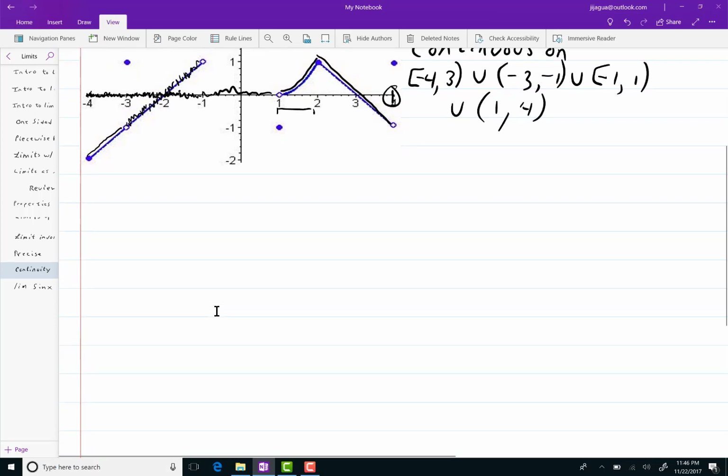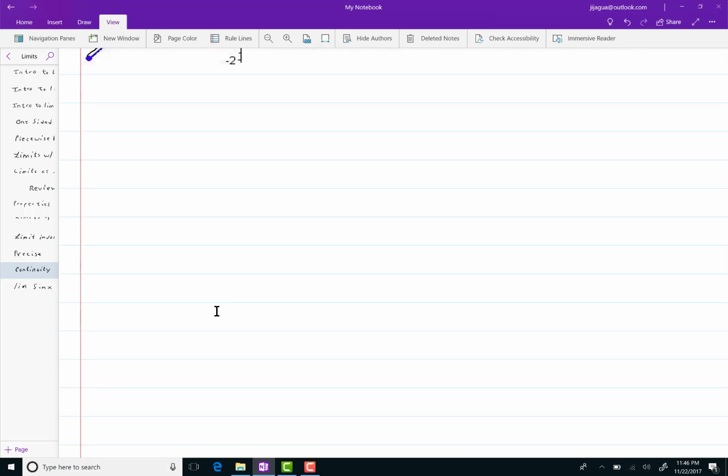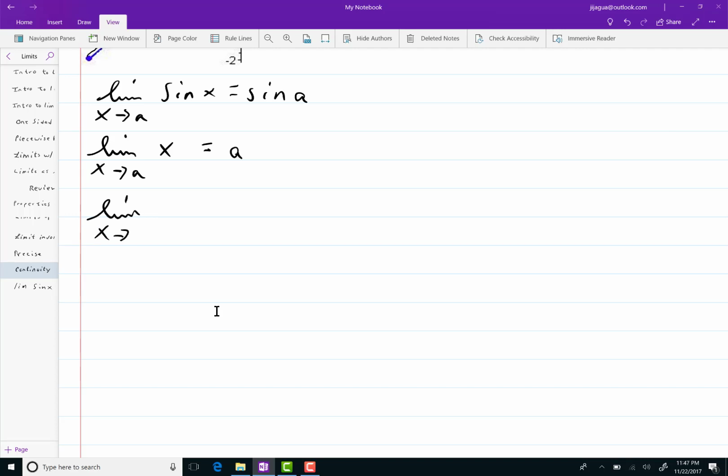Now, I went through a lot of trouble proving a bunch of things before. The latest one was the limit as x goes to a of sine of x equals sine of a. I have the limit as x goes to a of x equals a. I have the limit as x goes to a of c, where c is some constant.